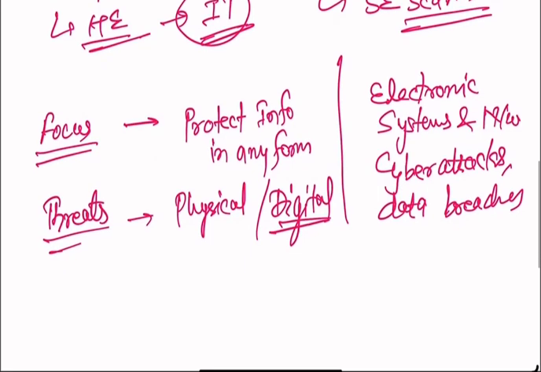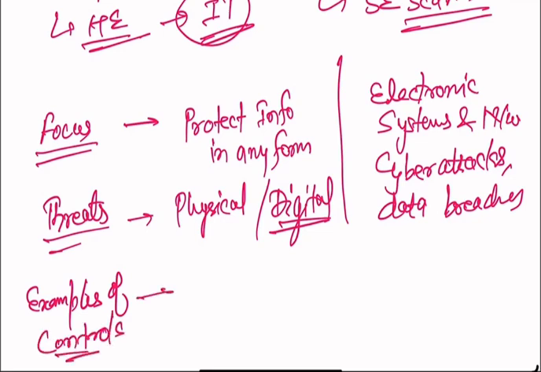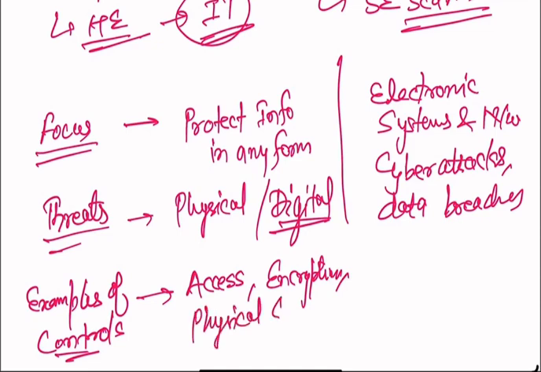Next, if we talk about examples of controls, for information security we can use access control, encryption of data, and physical security measures to protect physical documents or data we have in our organization.